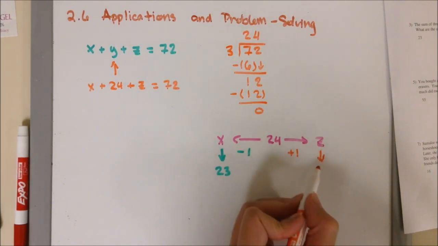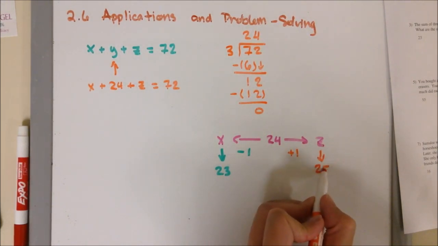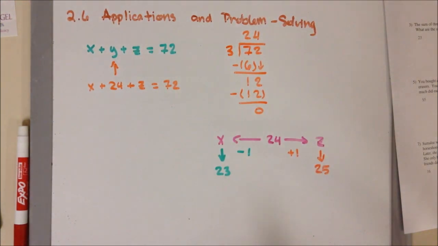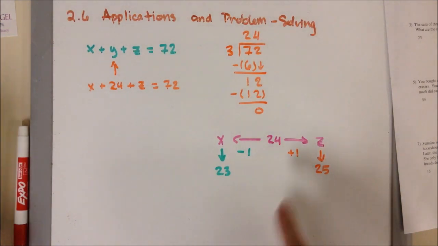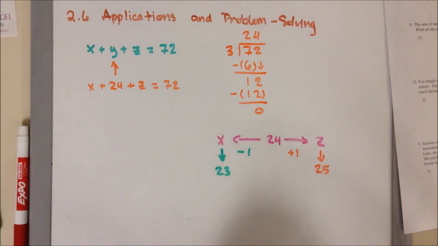So therefore my z is 25. So again, if you know the middle number, you can find your lower consecutive number by subtracting 1 and your higher consecutive number by adding 1: 23 and 25.